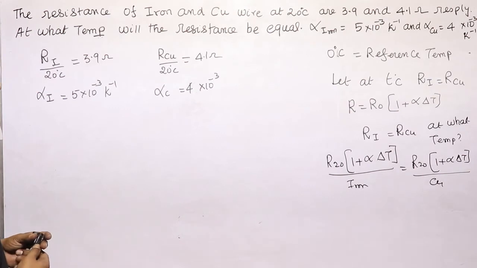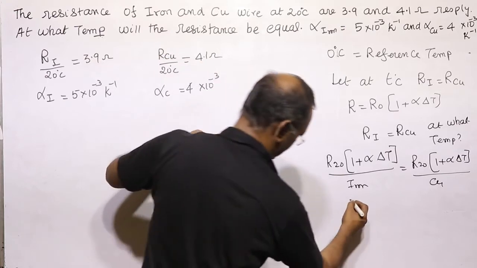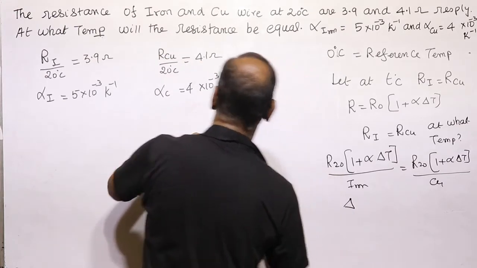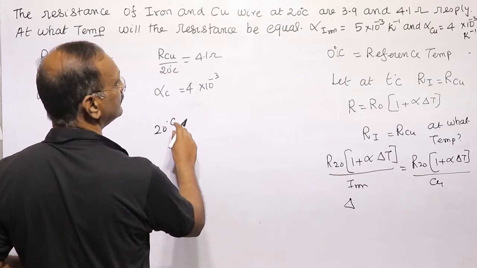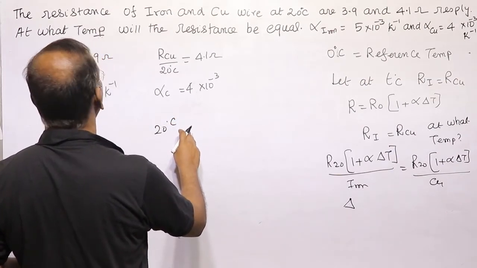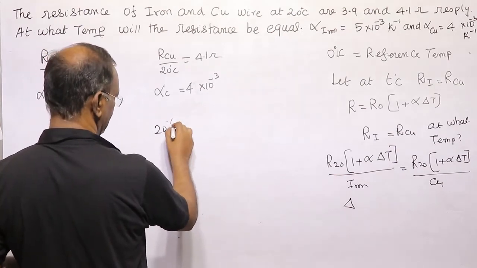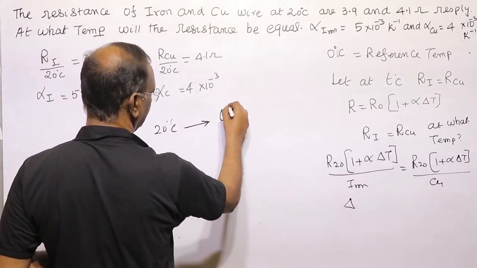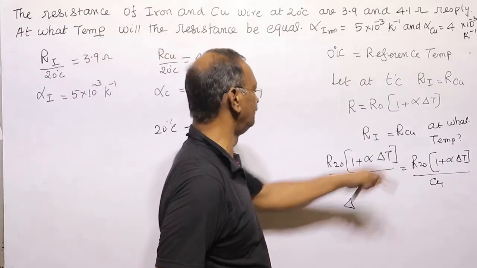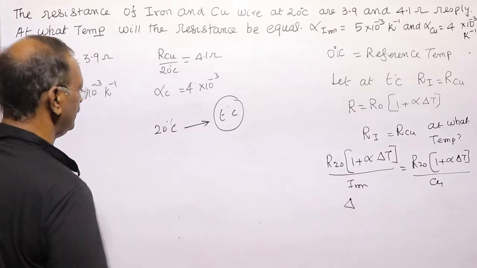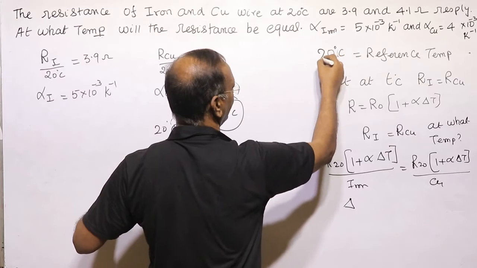Now what is delta T? It is at 20 degree centigrade, and it is raised up to T degree centigrade. At this temperature, both the resistances are same. So the reference temperature is 20 degree centigrade.